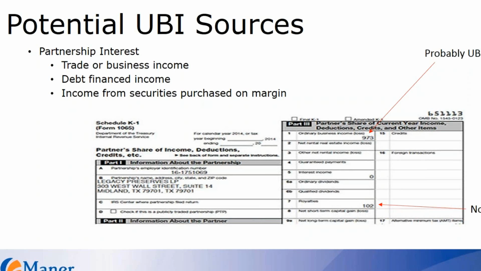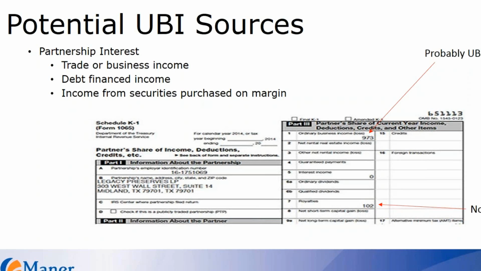In a partnership interest, in many cases, a not-for-profit can have an interest in a partnership. And the income from this partnership, interest, dividends, royalties, those types of things, are passive income, like I mentioned earlier, and not UBI.